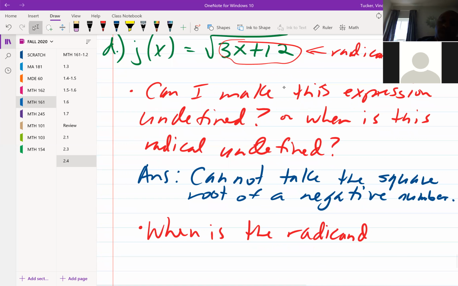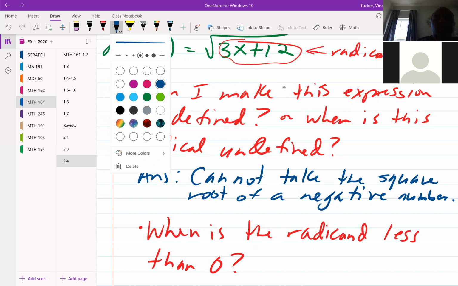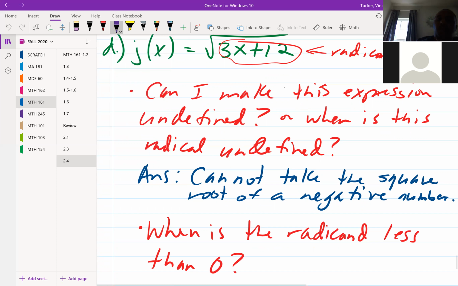So you know when is the radicand less than 0? As a matter of fact, not less than 0, less than or equal to, because I just mentioned that you can let it be equal to 0.